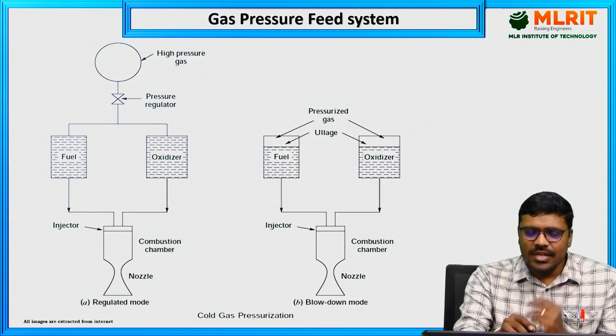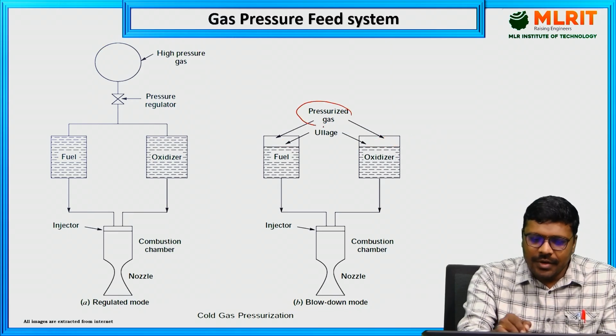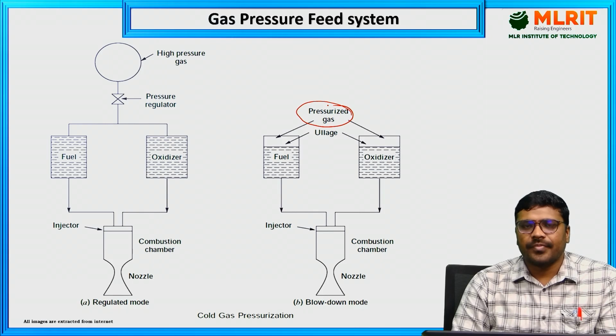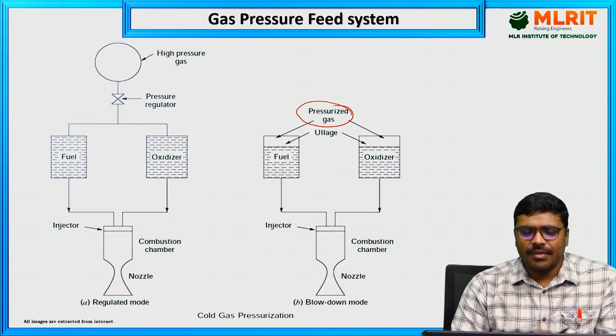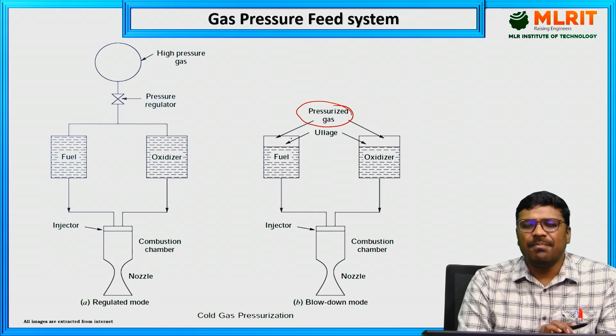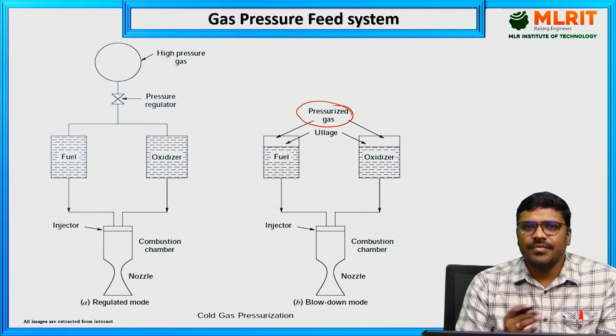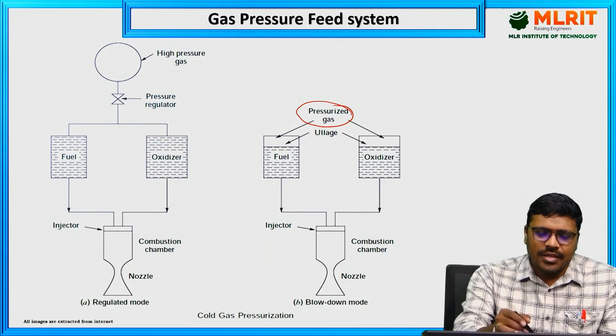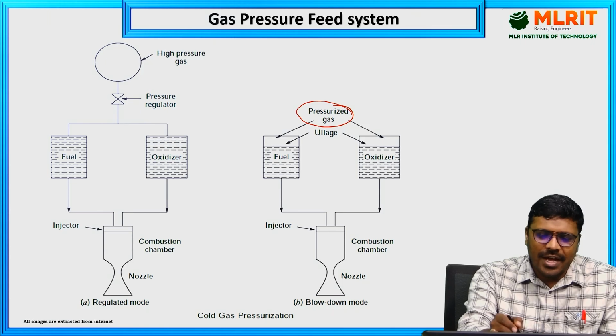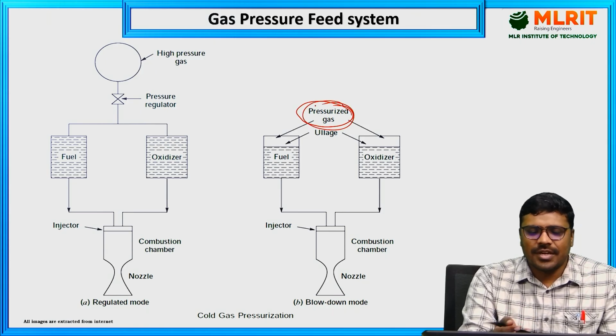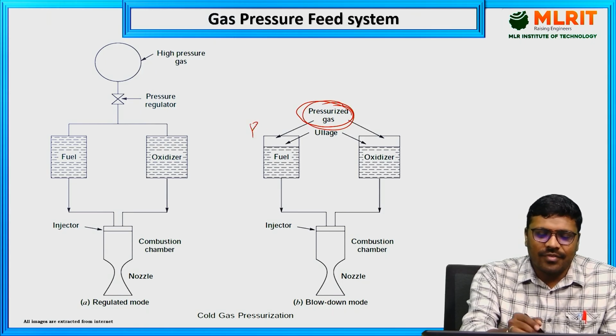This empty portion is filled with pressurized gas, high pressure gas, which is actually inert gas. Generally we prefer inert gases so that they do not react chemically with the fuel and oxidizer. Whatever pressure is required, we fill with the required pressure.